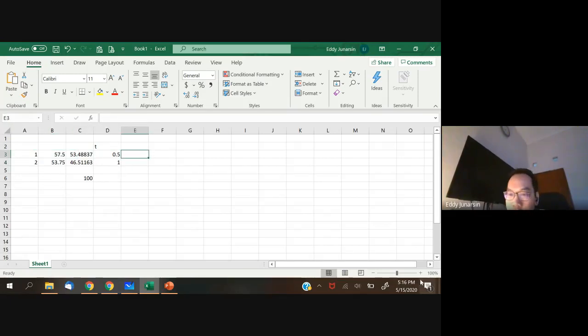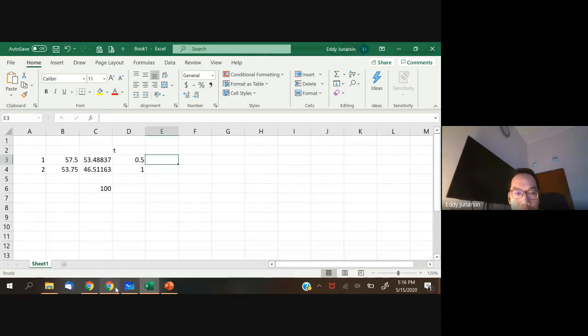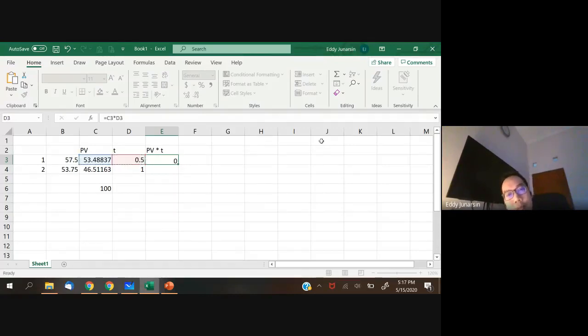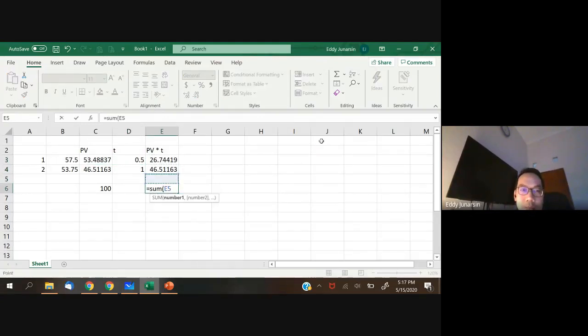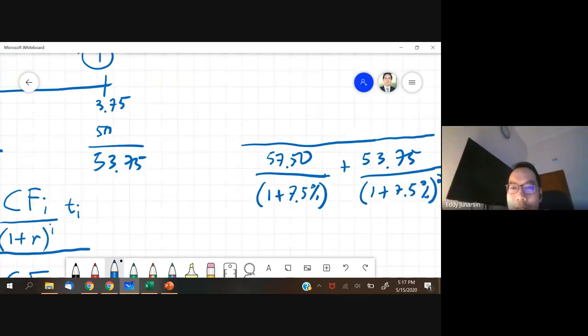So we have to multiply the present value by the time here. The first present value multiplied by the time, and then the second one multiplied by this. We can make a copy and paste, and then sum together. We haven't written anything here, but you can imagine that.